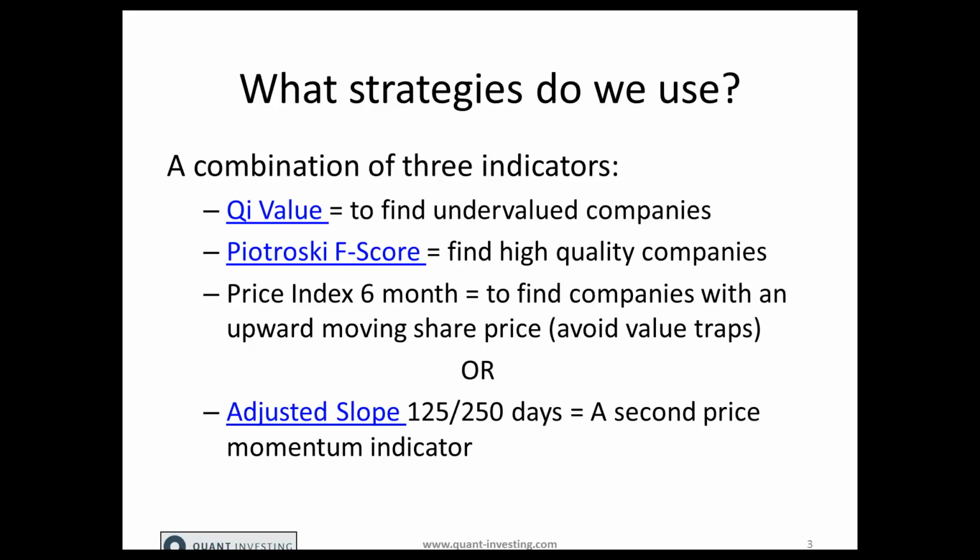What strategies do we use to select investments? I use the QI value indicator that we developed. It is an indicator that we developed based on all the best testing of investment ideas and strategies, also back testing, that we found over the more than 25 years that we've been investing.